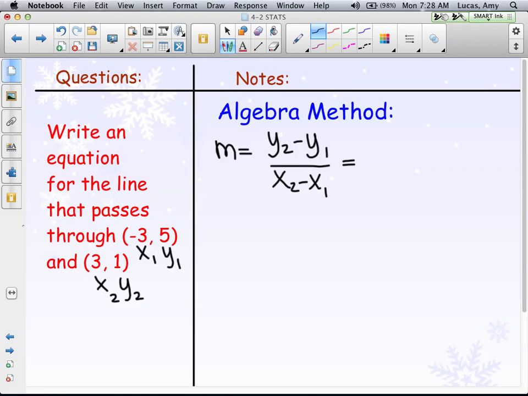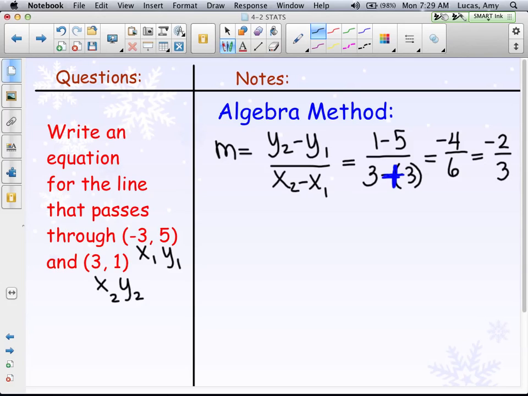So y2 is 1 minus y1, which is 5. x2 is 3 minus x1 is -3. So 1 minus 5 is -4. And the bottom one, this turns into a chunky plus here. So my denominator is 6. That fraction reduces to -2/3.